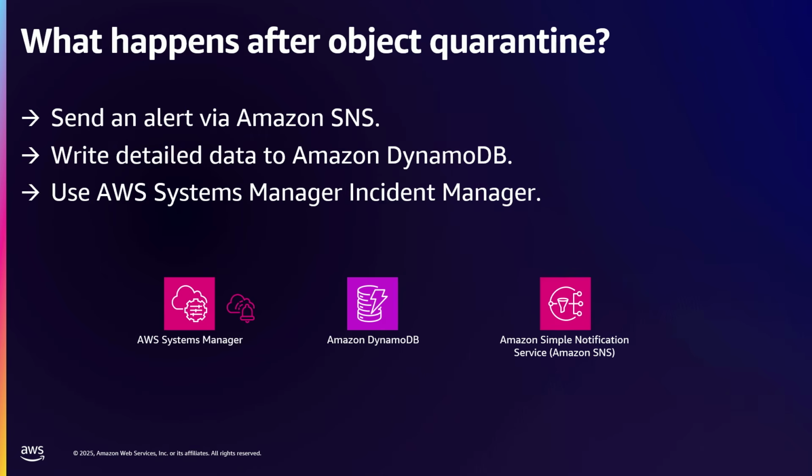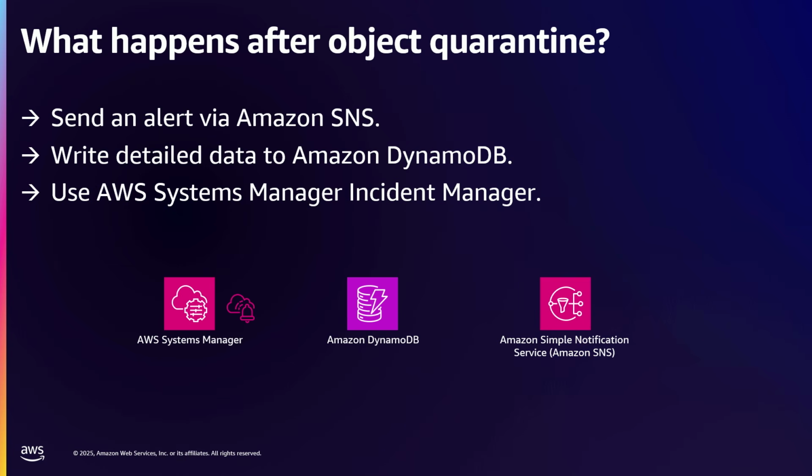For example, you can send an alert with Amazon SNS to your third-party solution, or by email to your colleagues. Or if you want, you can get some data from the Amazon GuardDuty finding details and write all of it to Amazon DynamoDB or Amazon Security Lake or whatever else you want, wherever you are storing things.